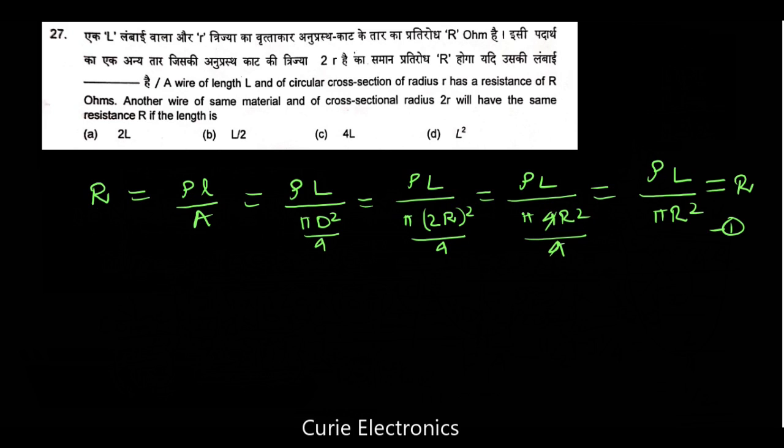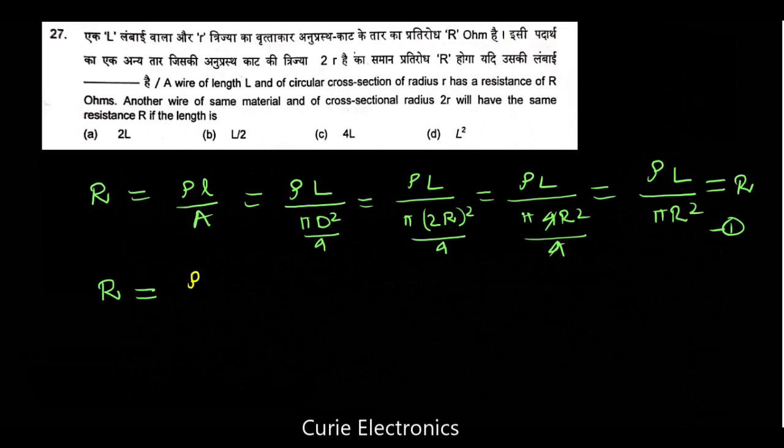Now another wire of same material and cross-sectional radius 2r will have the same resistance R if the length is. Okay, length we have to find. R is going to be the same. Then what is going to change?